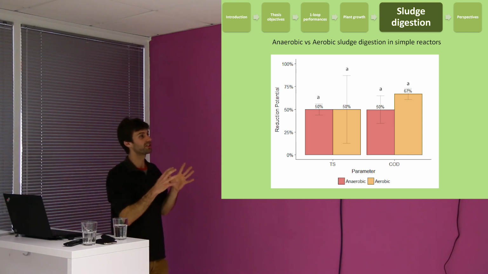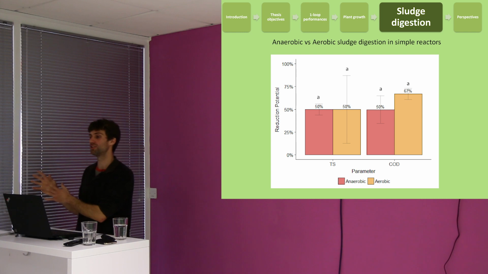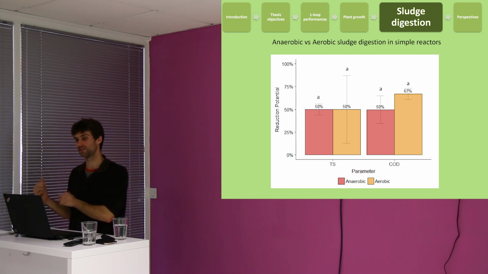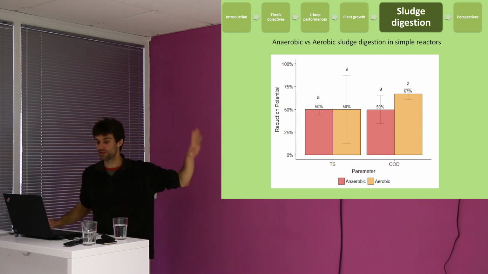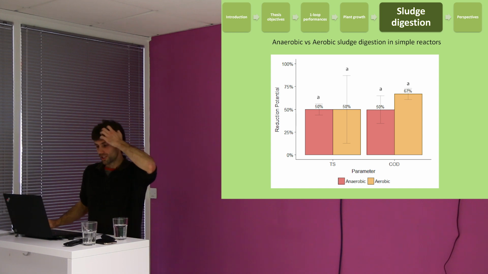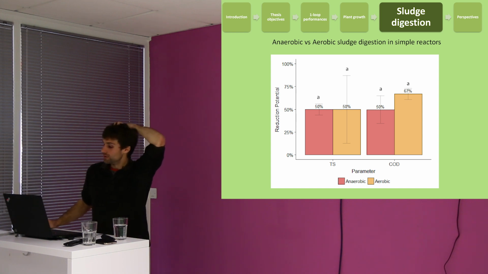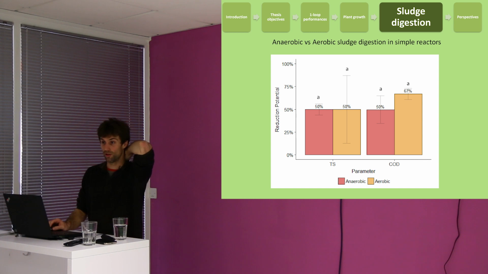This is the reduction, and then you can look at the mineralization, so the nutrients you can get out of the sludge. Here it's the reduction. What you can see is that in all our trials, aerobic and anaerobic were the same. We had statistically the same performances, for both close to 50% reduction.